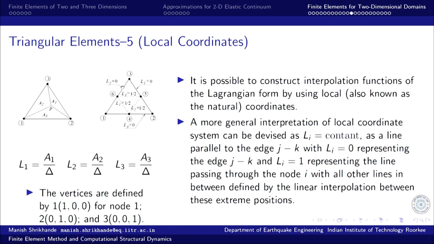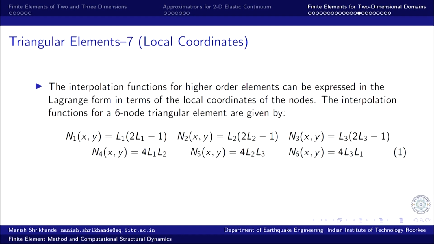Now, I come to the third criterion, that it has to be equal to unity when evaluated at node 4. So, what is the value of L1 and L2 at node 4? L1 is equal to half at node 4, and L2 is equal to half at node 4. So, I evaluate L1 L2 at node 4, and it works out to 1/4. So, I just multiply it by 4. So, N4 becomes equal to 4 times L1 and L2, and that is what we have here.